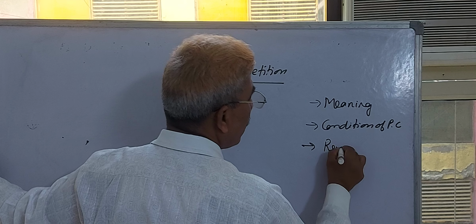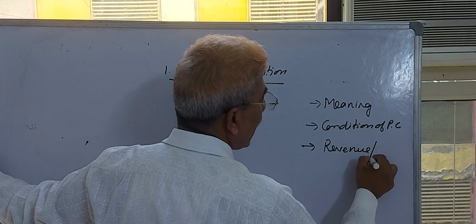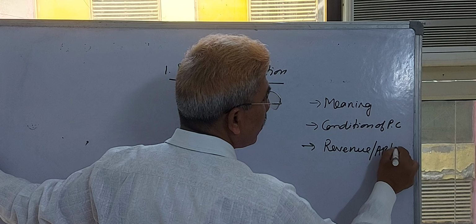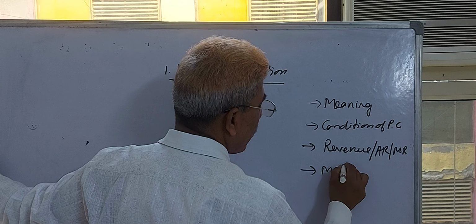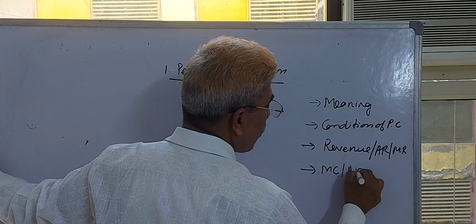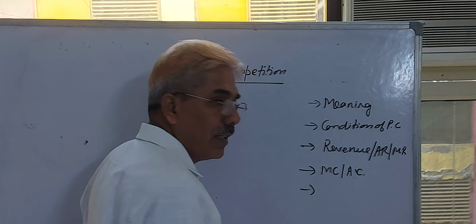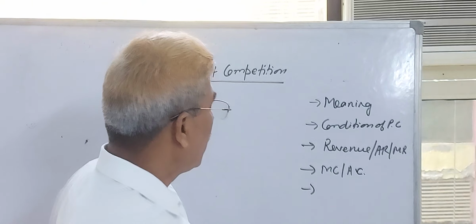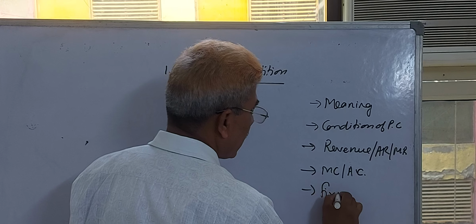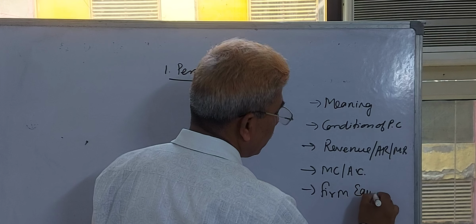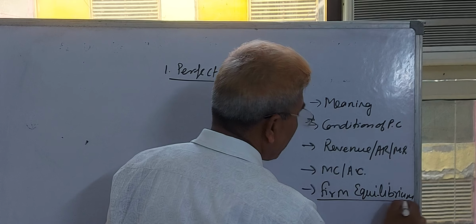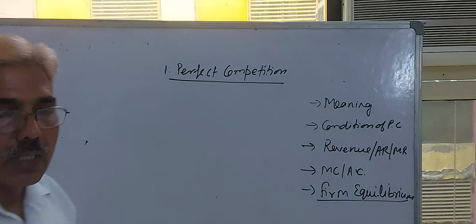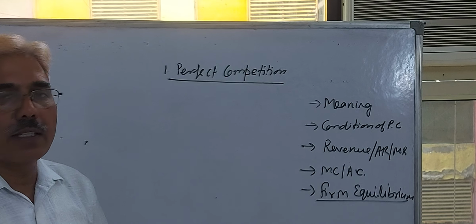Number third, revenue, that is average revenue, marginal revenue, marginal cost, average cost, and then firm equilibrium under perfect competition. Some points today I will discuss here.